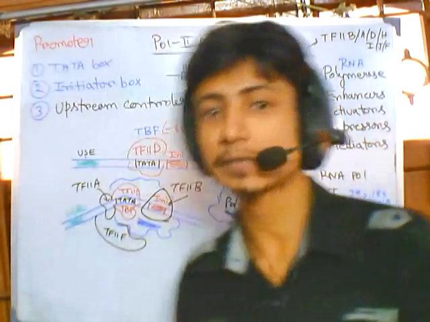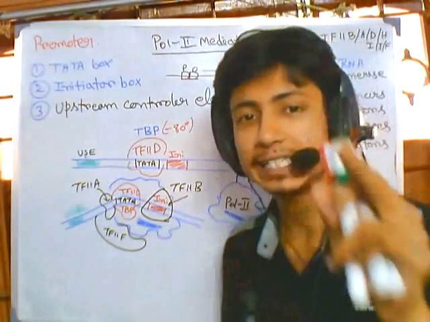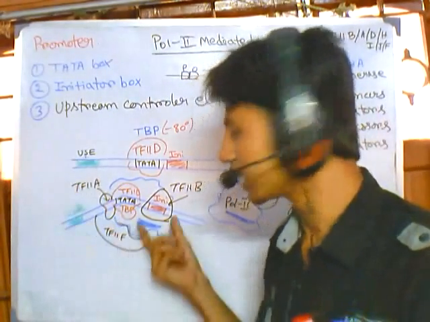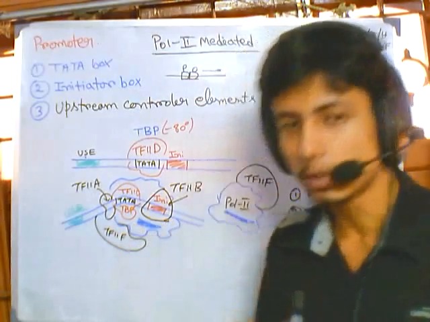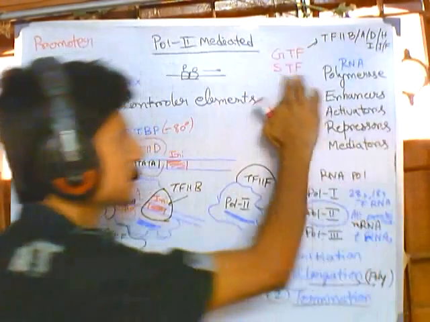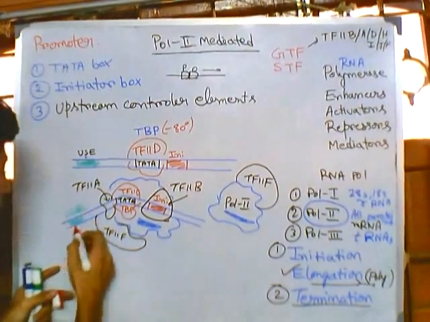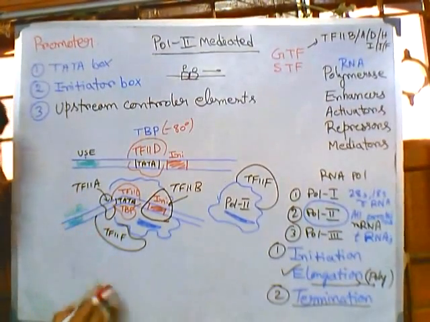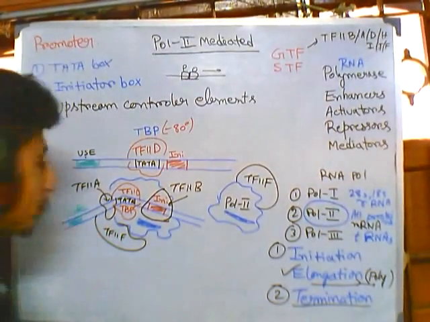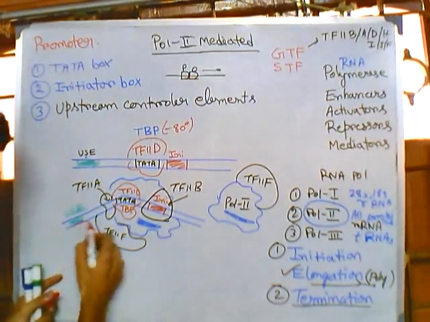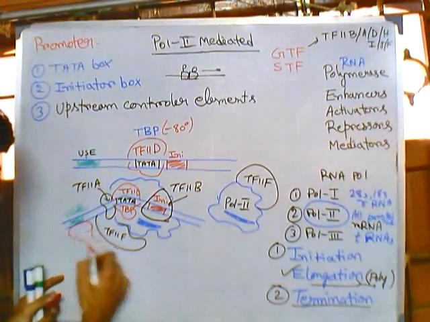Now specialized transcription factors, remember, they can interact with the upstream element as well as the RNA polymerase. So now these specialized transcription factors will come and sit onto this upstream control element. Say this is the specialized factor.